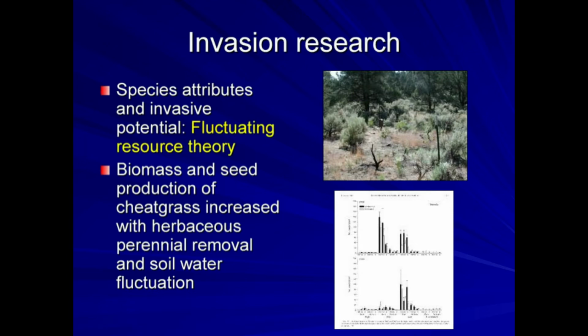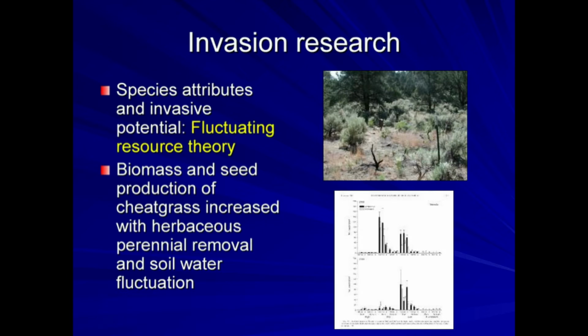And in a nutshell, what she basically found, and it's hard to read from this graph, is that if you reduce the perennial herbaceous grass component by taking it out with an herbicide or something, you get much more seed production and biomass production of cheatgrass across these sites. Or if you have more fluctuating available water, so that there are times where there's a lot more available water than other times, you also provide the resource for invasion of cheatgrass.